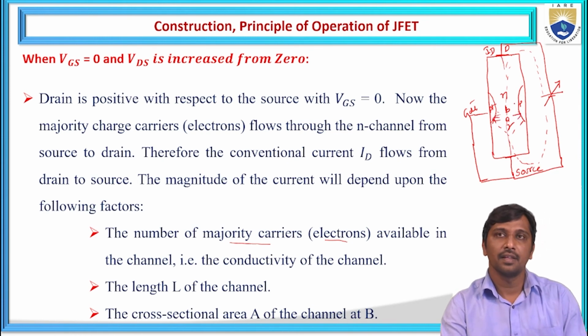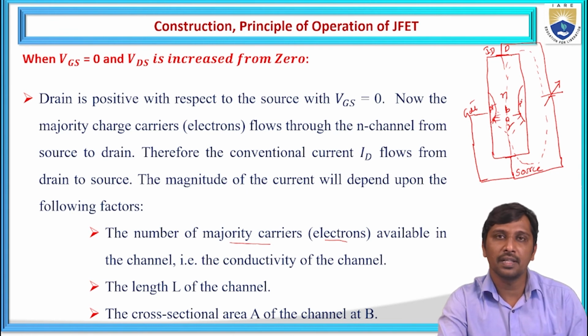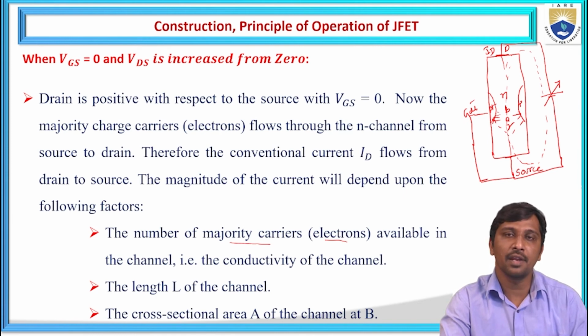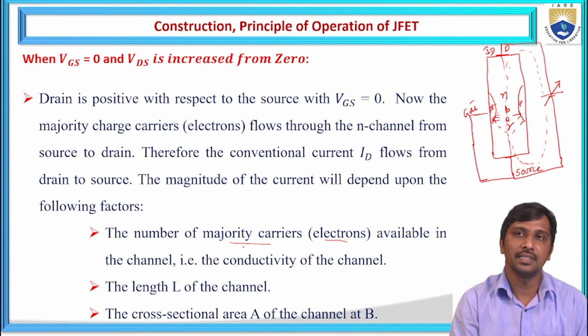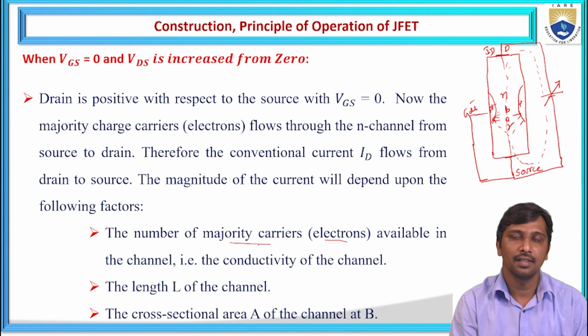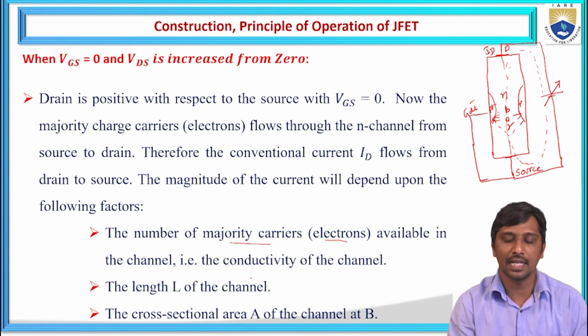Hence, even if you apply the biasing voltage between the drain and the source, how much current flows from drain to source depends on the majority charge carriers of the channel, as well as the length and the cross-sectional area of the channel.